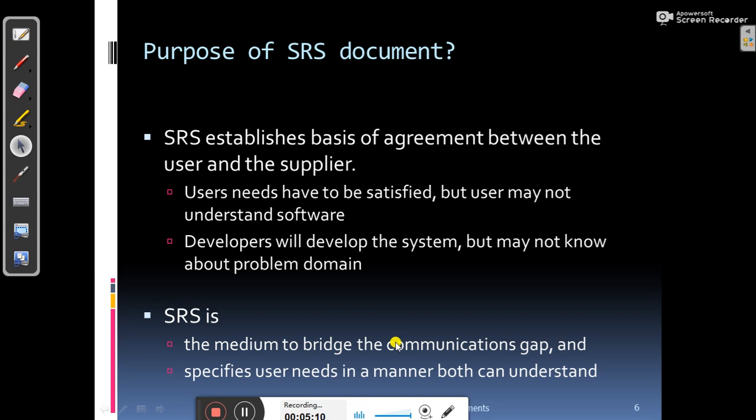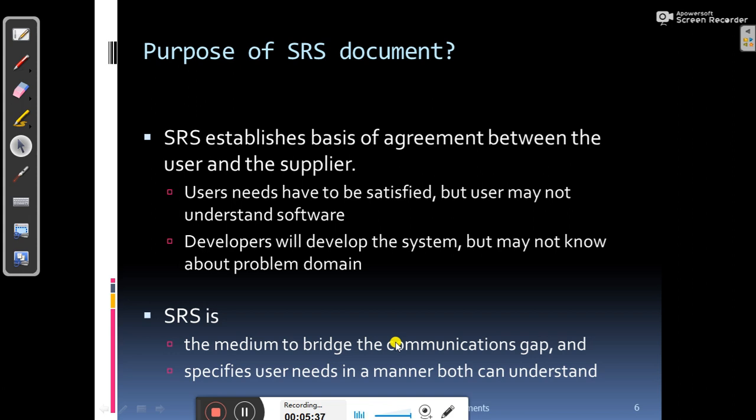User needs have to be satisfied, obviously, but the user may not understand the software, so that is a challenge. Initially the user might not know what the system will provide or how it will work, but the system developer needs to satisfy the user's needs, and developers will develop the system but may not know about the problem domain.